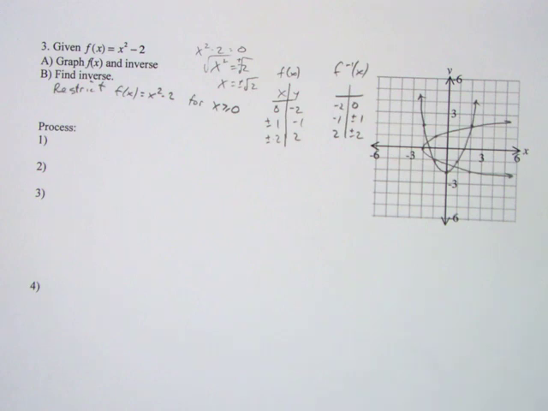Now, do we have to restrict it to x greater than or equal to 0? No. There's nothing that forces us to do that. We can make it x less than or equal to 0 as well. I'll show you both and what result it has on the graph.